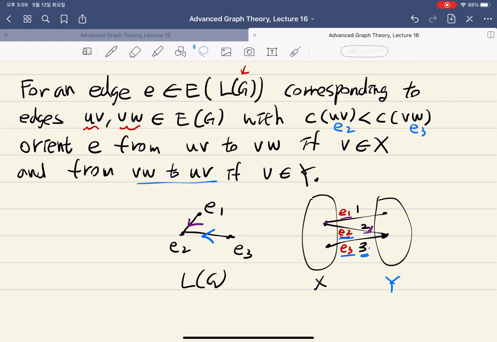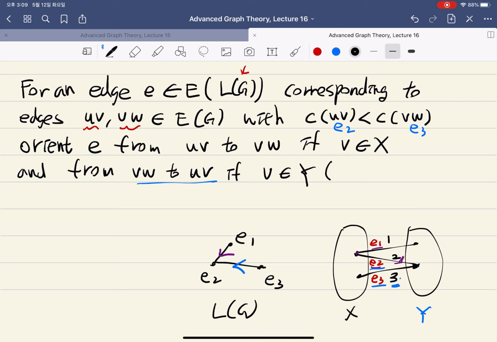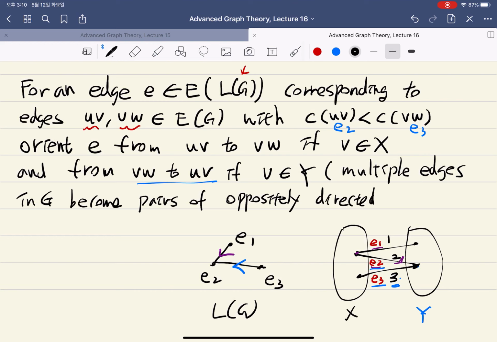And let's write one more thing. If there are multiple edges in G, they become pairs of oppositely directed edges in the orientation.